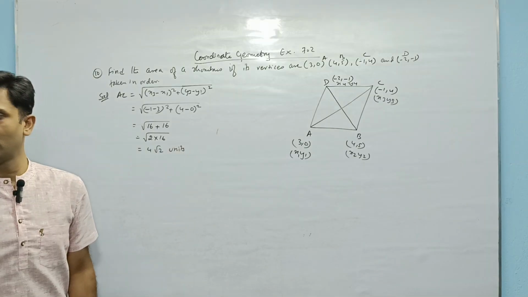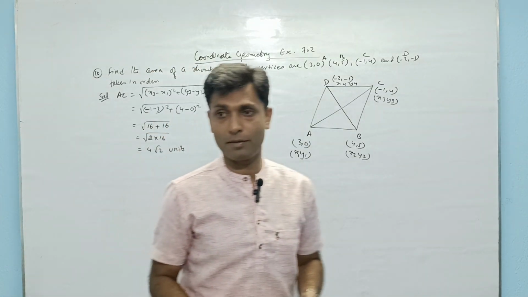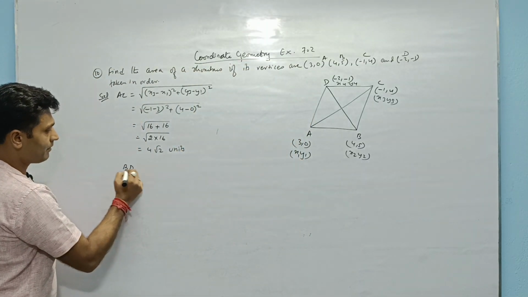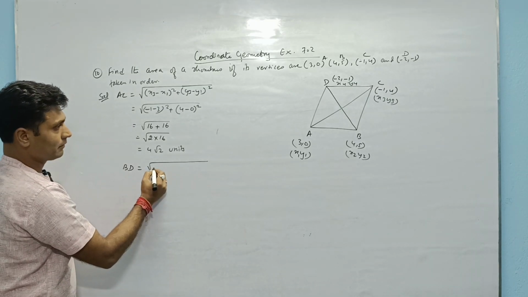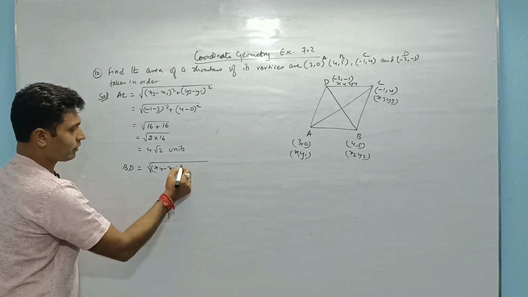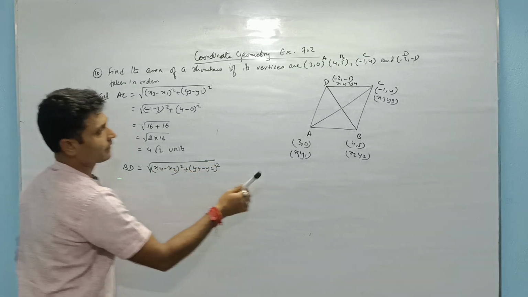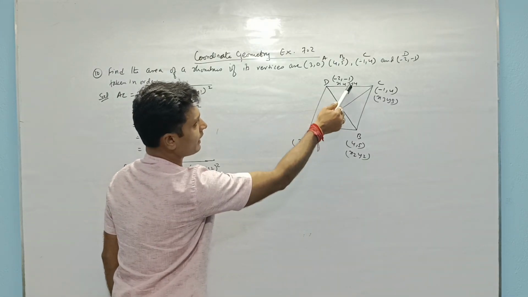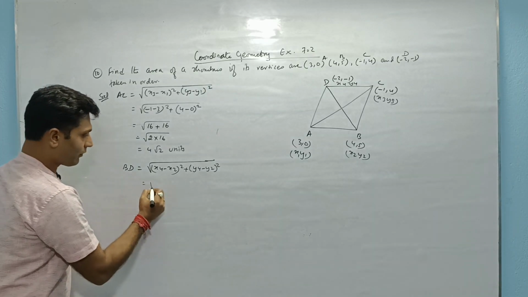Very simple. We'll try to save time in exam as well, okay? Then we have BD. BD is equal to x4 minus x2 whole square plus y4 minus y2 whole square. So what is x4 minus x2?